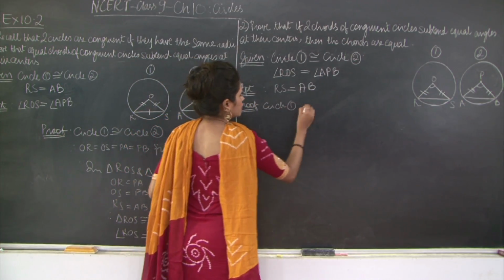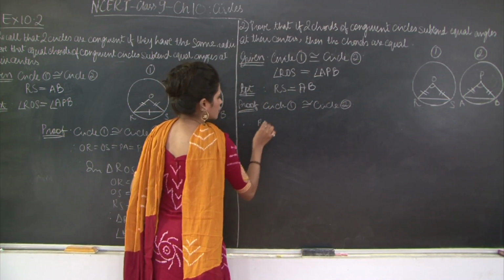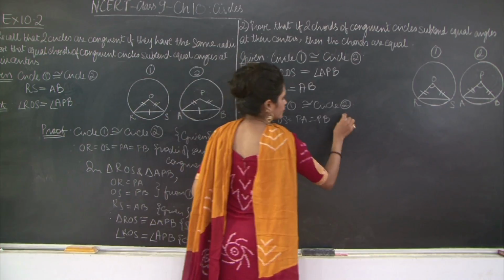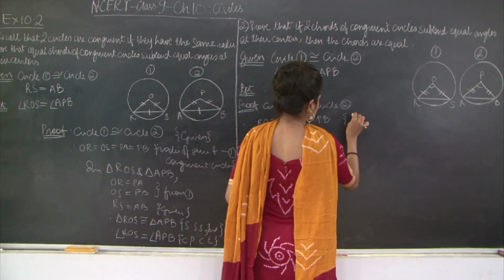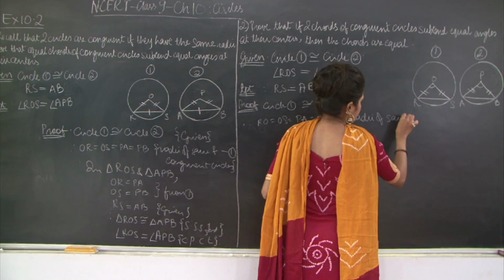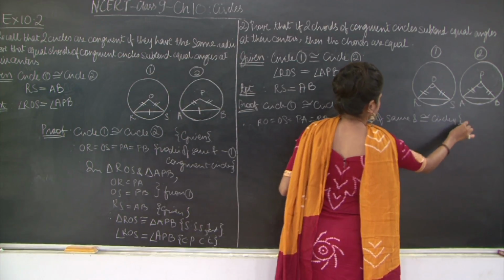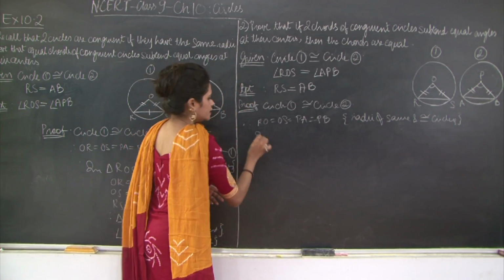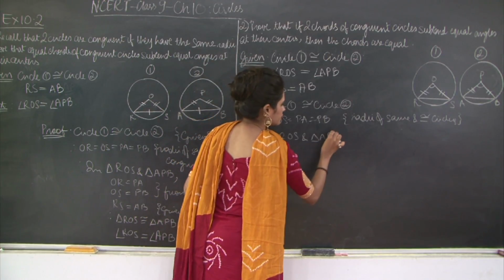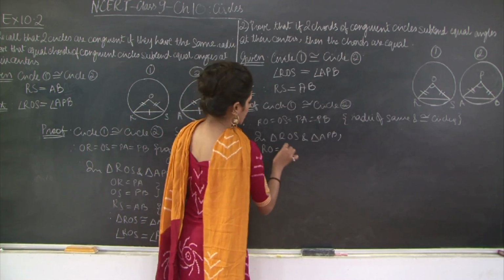Circle 1 is congruent to circle 2. Therefore, RO is equal to OS is equal to PA is equal to PB. These are the radii of same and congruent circles. Now in triangle ROS and triangle APB, I have RO is equal to AP.